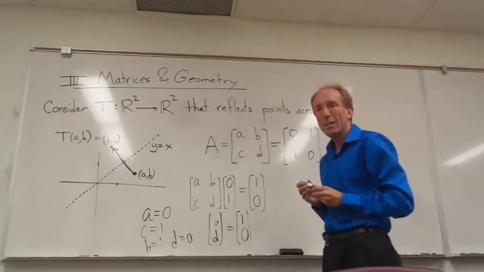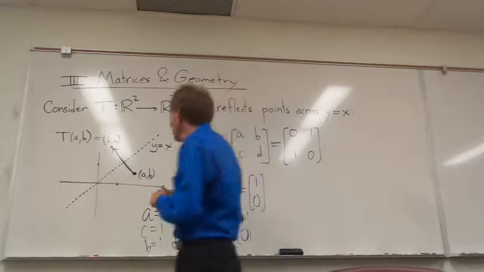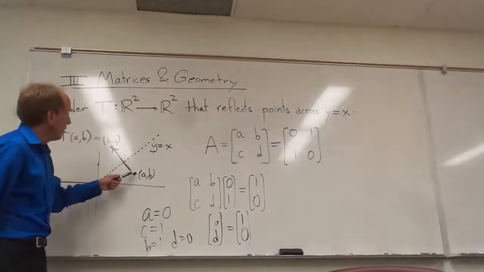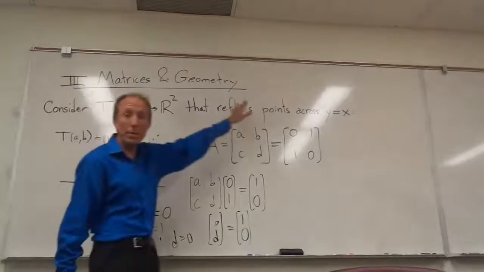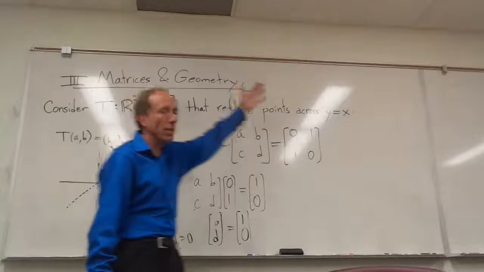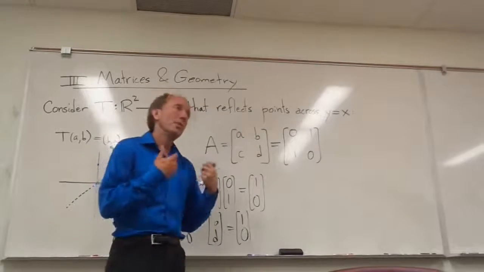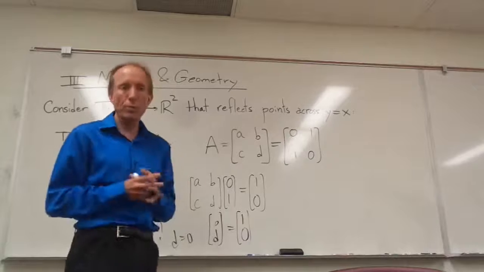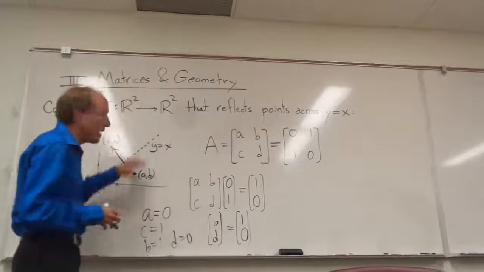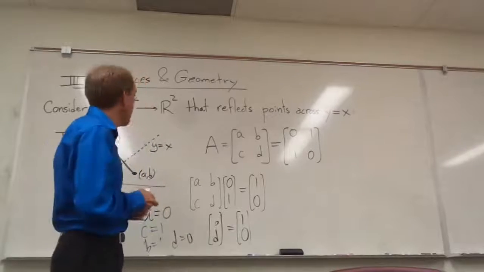Now, if you think about it for a second, let's say you apply this transformation twice. You reflect a point across the line y equals x, and then you do it again. What would that new transformation, which we could call T squared, be?